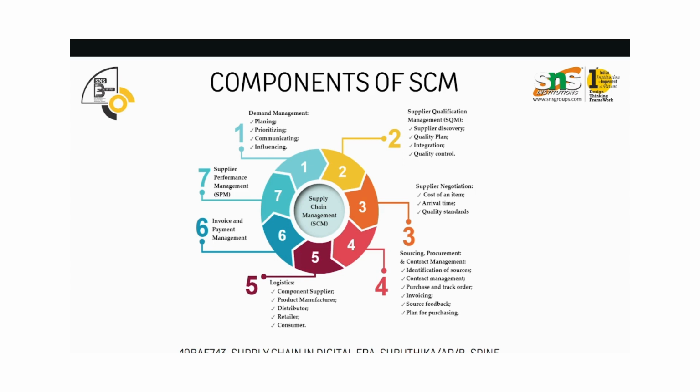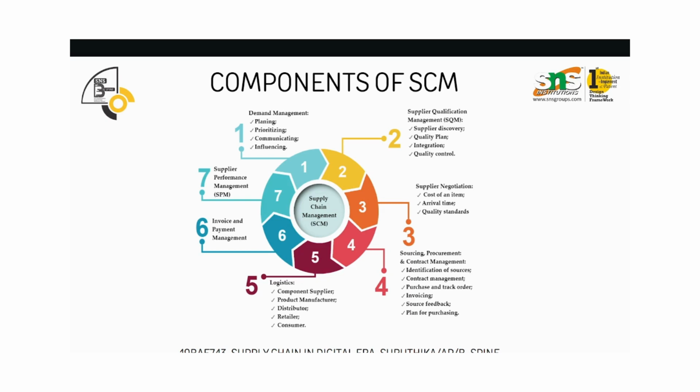We will prioritize the processes based on their importance. We will communicate the same and we will influence the customers to come to us so that their demands get met. Once you plan your demand and make people aware that you're going to do something, we'll go on to the next phase, which is supplier qualification management.